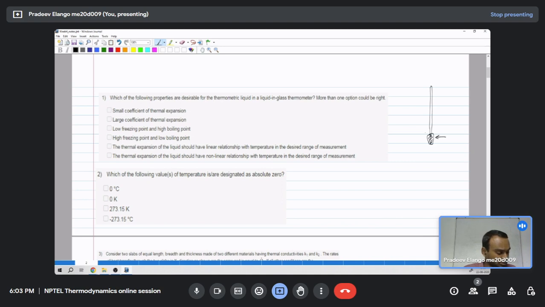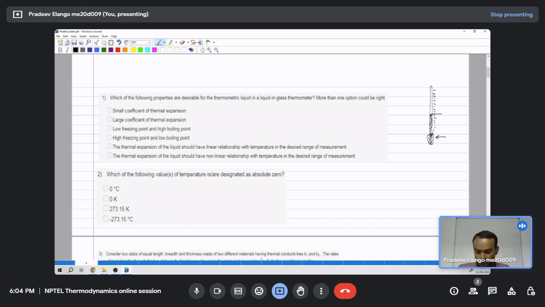Based on the temperature the fluid expands and rises in the tube, and at some steady state it goes to some point where we have a graduation. Then based on the liquid level we say what the temperature is.